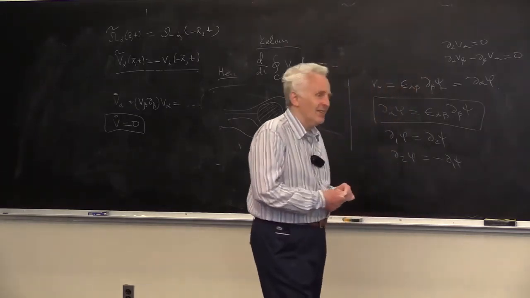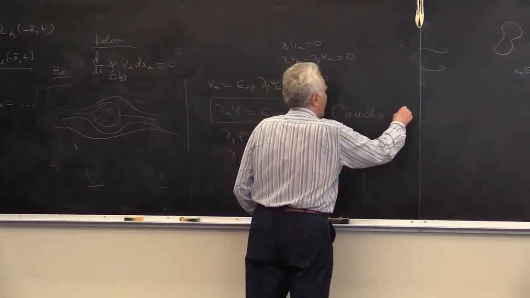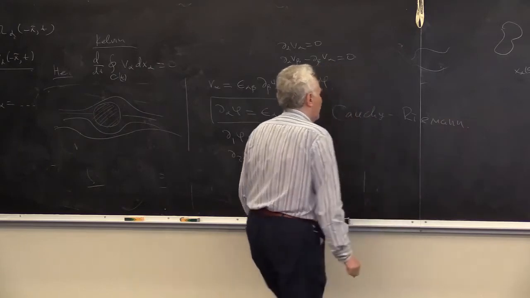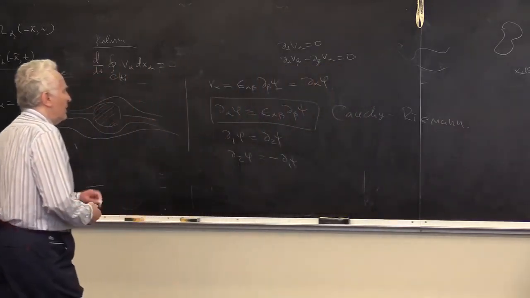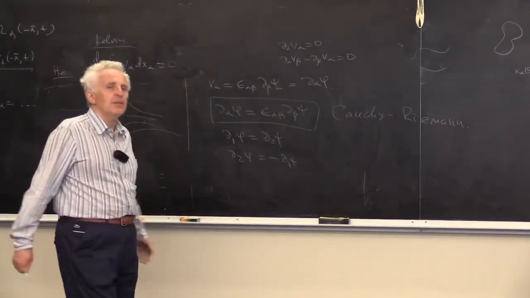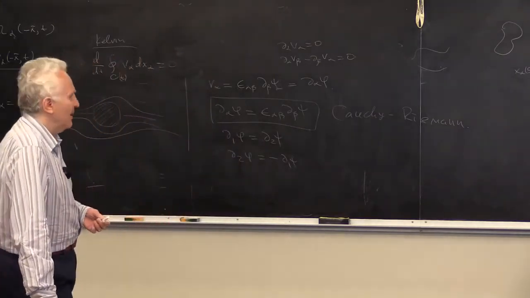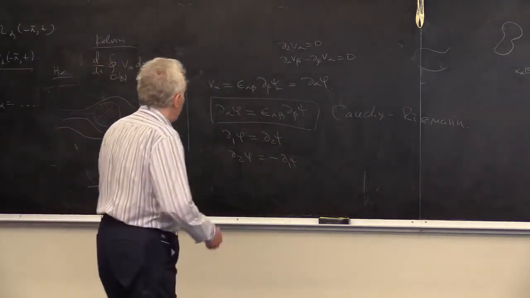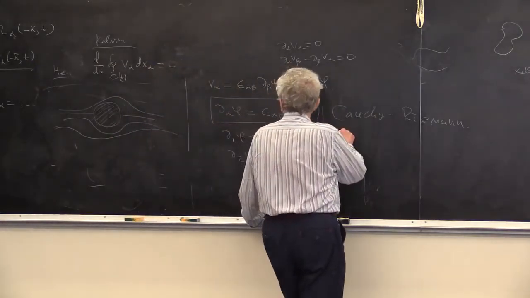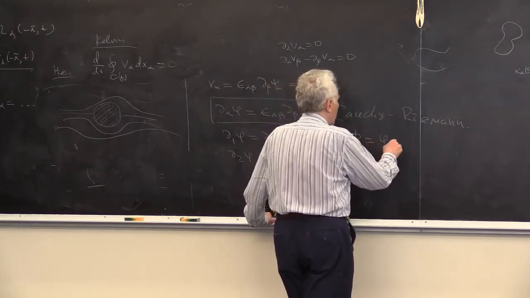Which means what? So it's indeed the Cauchy-Riemann equation written in this form. And remember what the Cauchy-Riemann equations tell you. What's the meaning of this equation? Well, let's look at what is called the complex potential. That's a useful thing.